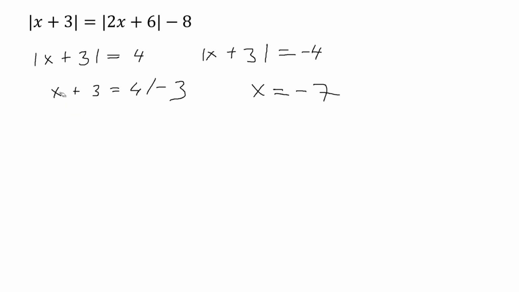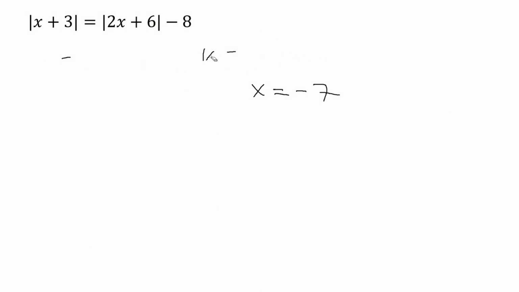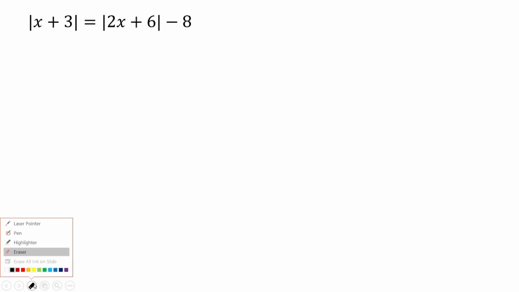So today we'll be looking at the more advanced equations. And the first type, which you will probably see most likely in school, is the case where you have two absolute values, where you have the absolute value of x plus 3 is equal to the absolute value of 2x plus 6 minus 8.